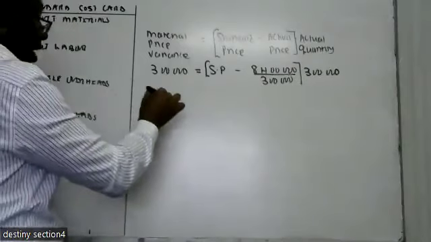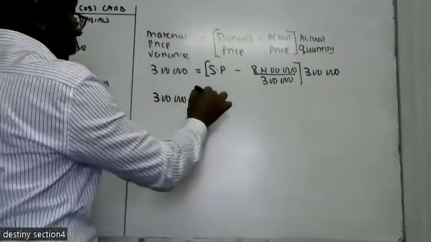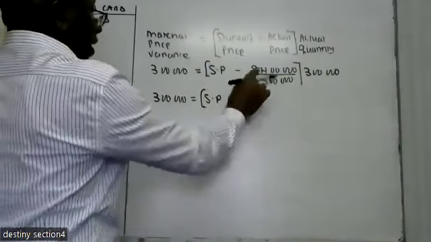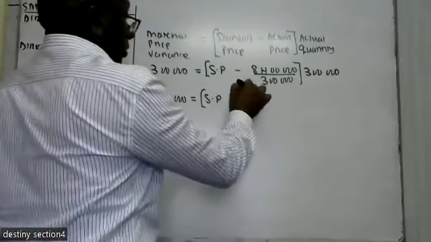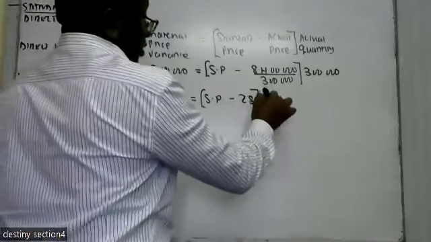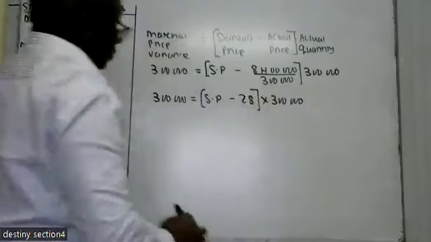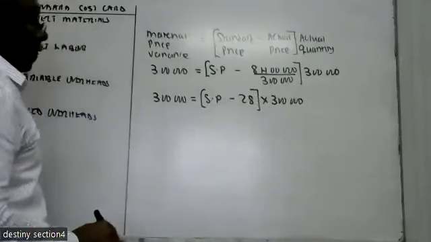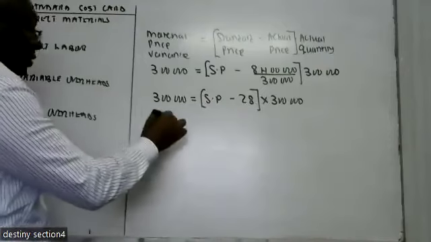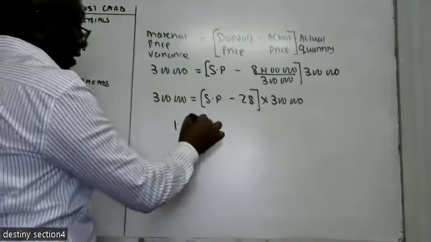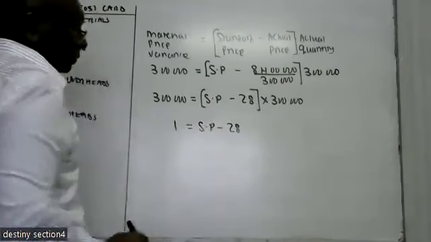Now this will be 300,000 equals SP minus 28 times 300,000. If you divide by 300,000 everywhere, this one will be 1 equals SP minus 28.